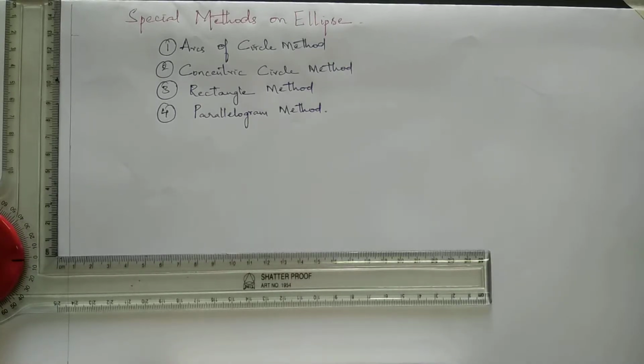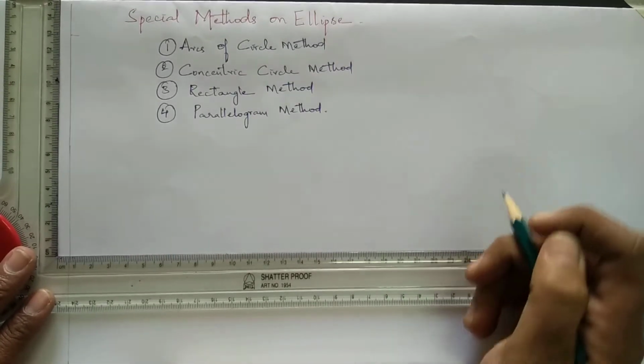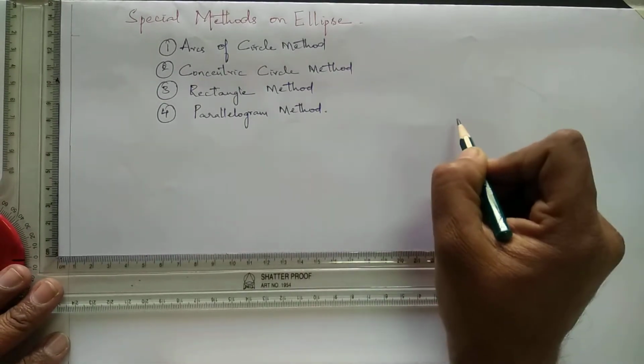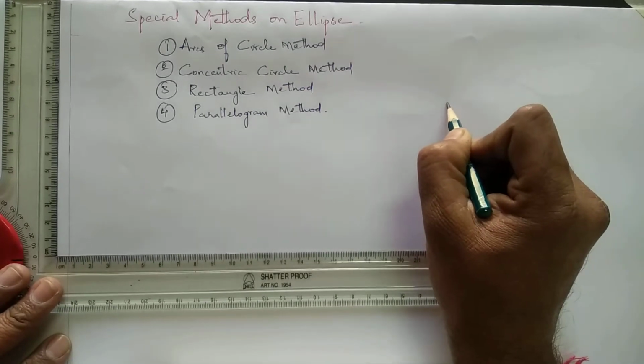In these four methodologies of the special methods for construction of ellipse, the ellipse is defined as a curve traced by a point P moving such that the sum of its distances from the two fixed points, that is focus F1 and F2, is constant. Based on that, with a small explanation, I am showing you a rough model.